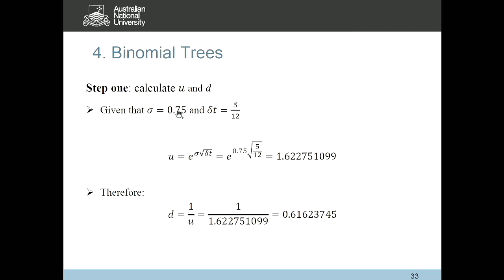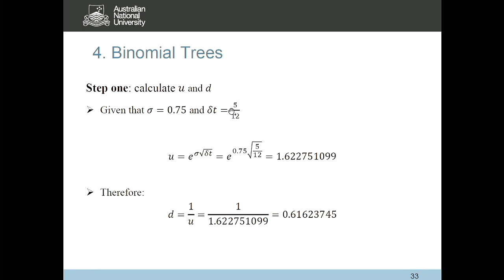The next thing is to calculate your proportional increase and proportional decrease. Remember back in week 5, the little u is e to the power of sigma times the square root of delta t.